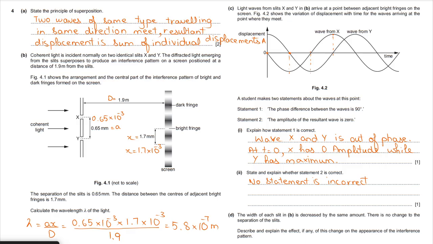So this statement is incorrect क्योंकि देखो बेटा, if we look at time t जीरो, t जीरो पे x का एम्पलीट्यूड है जीरो, y का एम्पलीट्यूड क्या है, मैक्सिमम. सो रिजल्टेंट वेव का जो एम्पलीट्यूड होता है, it is the sum of these amplitudes of the individual waves, so it's going to be 0 plus a naught, which is a naught, which means the resultant amplitude is not 0.